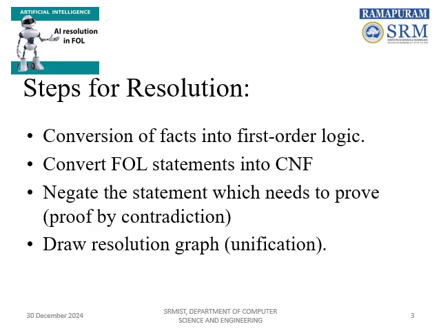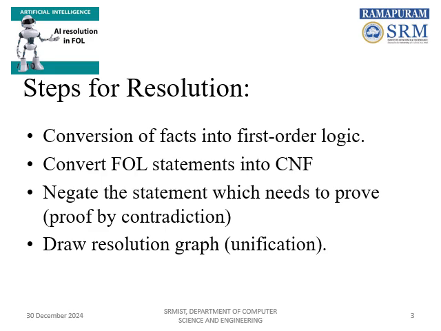Then we have a few steps involved in resolution. With the first order logic concept, the very first point is the conversion of the facts into first order logic. First we have to convert all the facts into first order logic. That's our first step. The second step is to convert those first order logic statements into a CNF model.